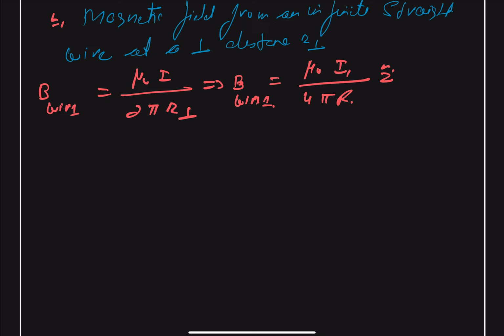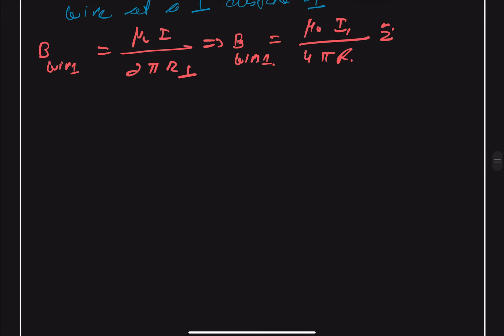Similarly, everything will be the same, the only difference being that the placement is at minus r. Because of this, the magnetic field will be in the minus z direction.